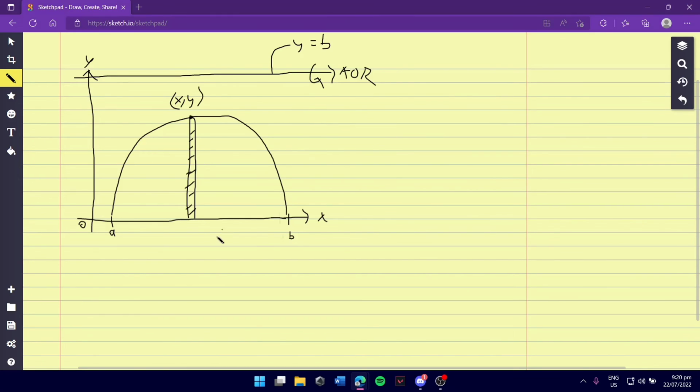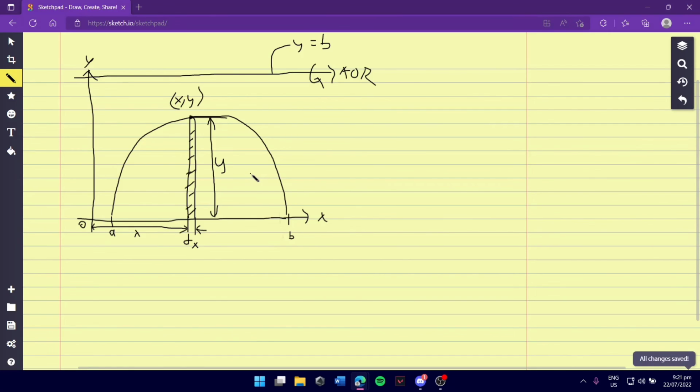Next, we'll solve. We will label it first. From your origin to your vertical strip, this is your x. The thickness is dx. The height here is your y, right?